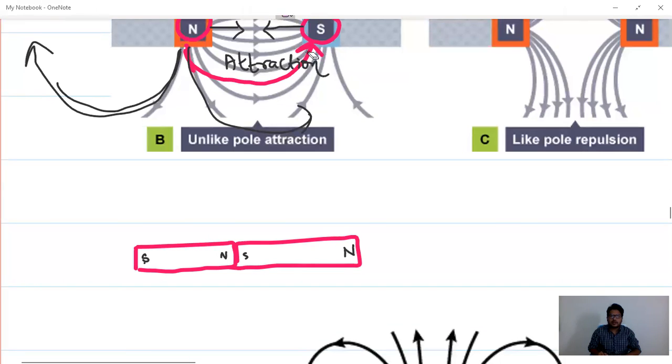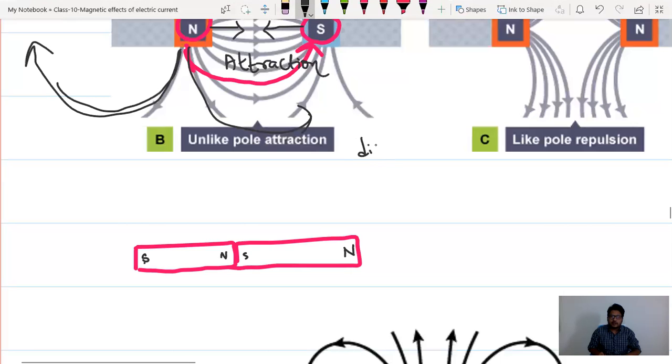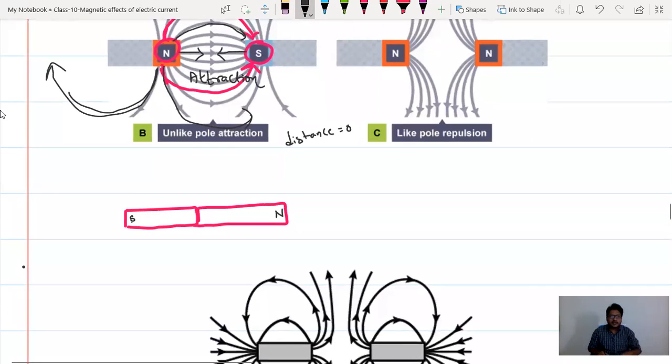Here I will write distance. Distance is 0. Now poles will be merged and it will become one huge magnet, and it behaves like single magnet. Again it will flow from north to south like this.